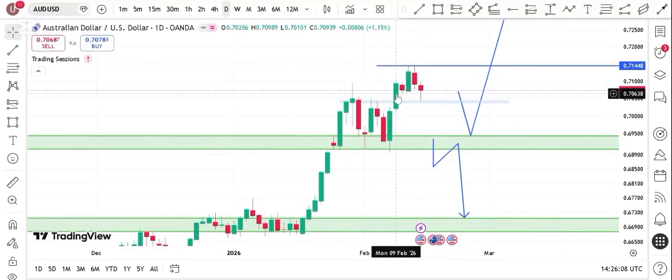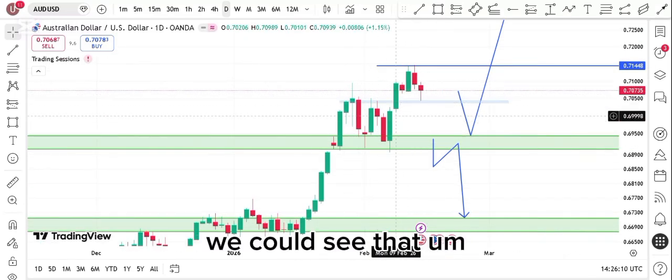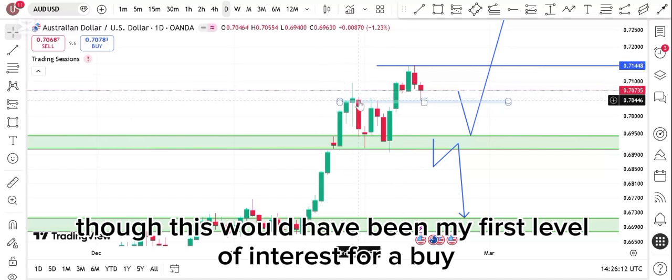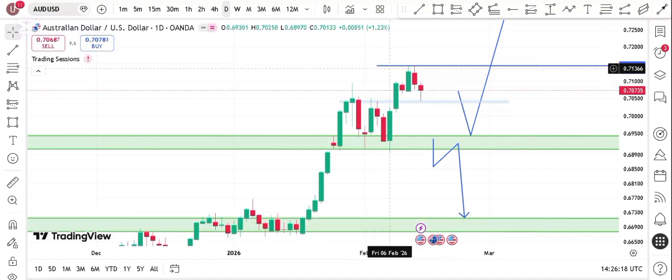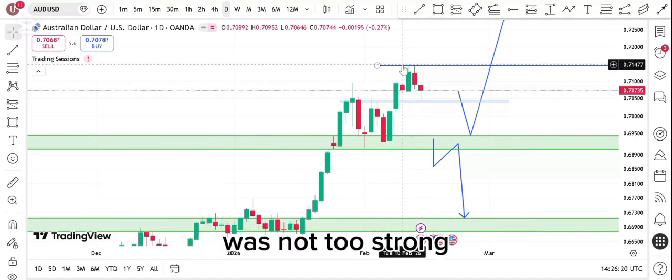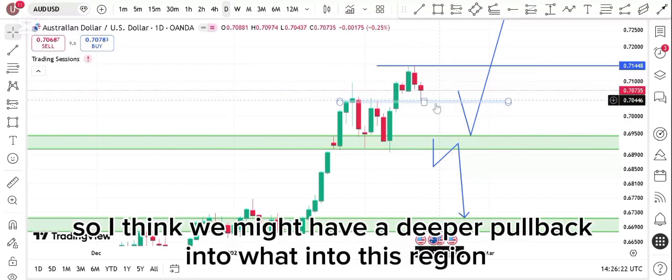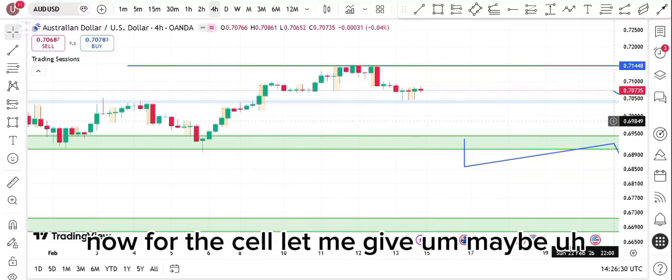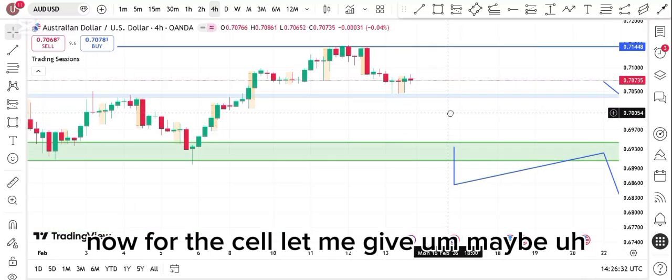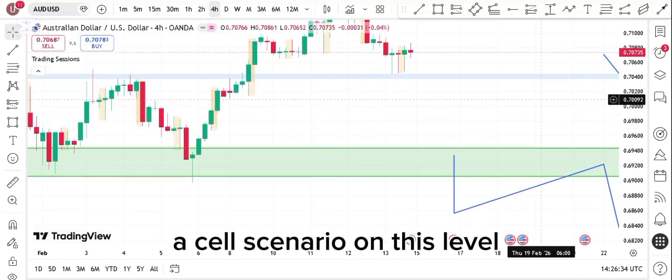Though this would have been my first level of interest for a buy, you could see that the high we have here was not too strong. So I think we might have a deeper pullback into this region.